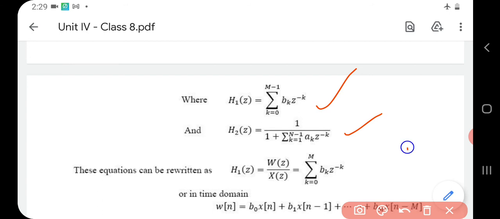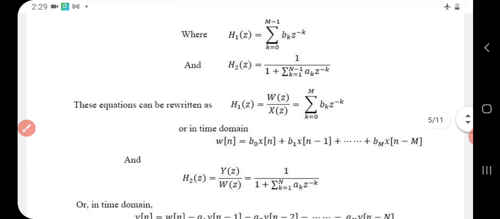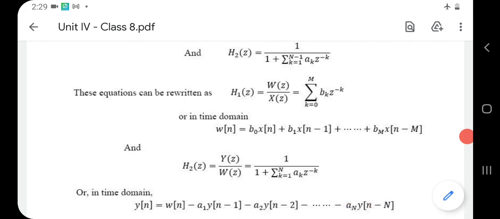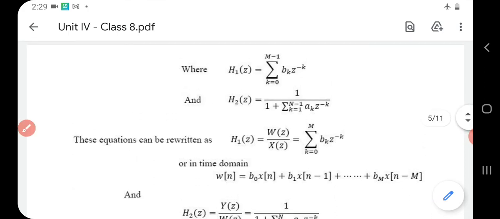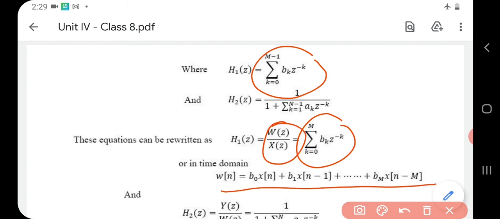Now this H1(z) and H2(z) can again be rewritten in a particular form, that is H1(z) can also be written as W(z) by X(z). It is already given, but it can also be represented like this, and in the time domain it is expanded like this.